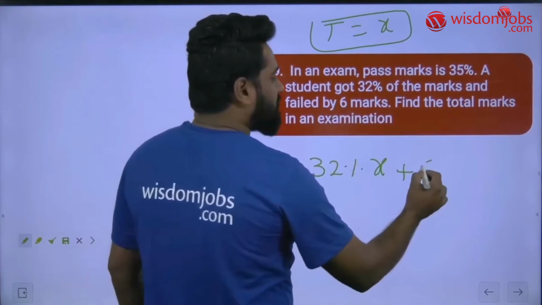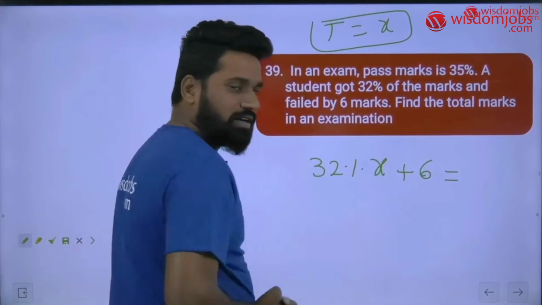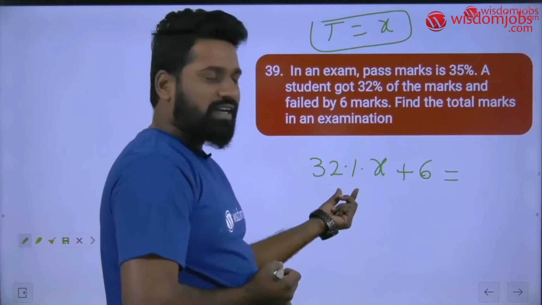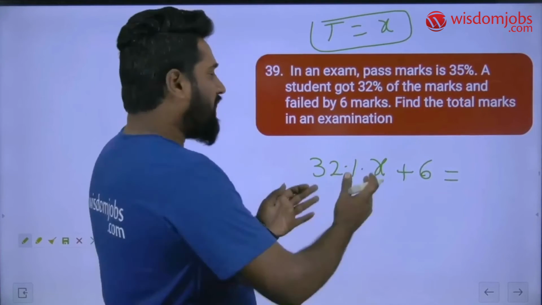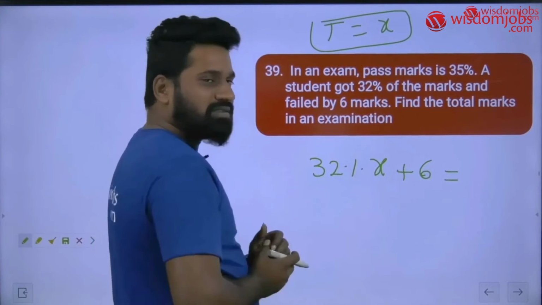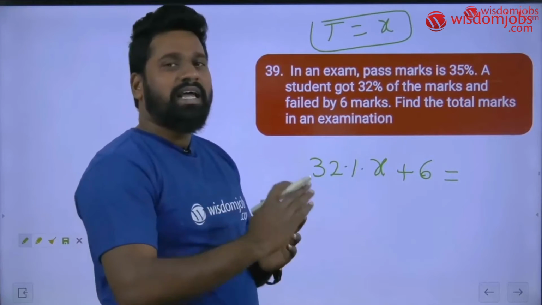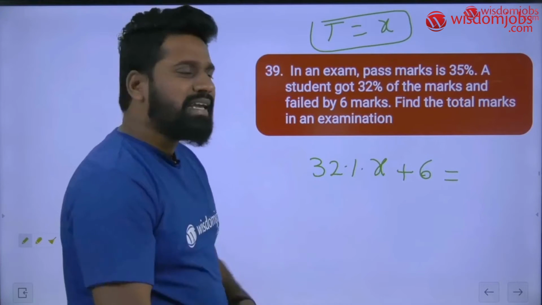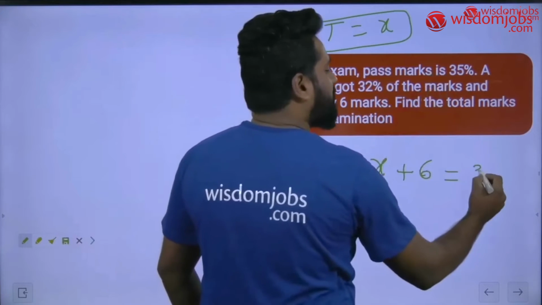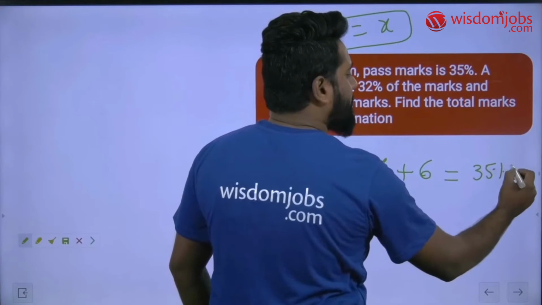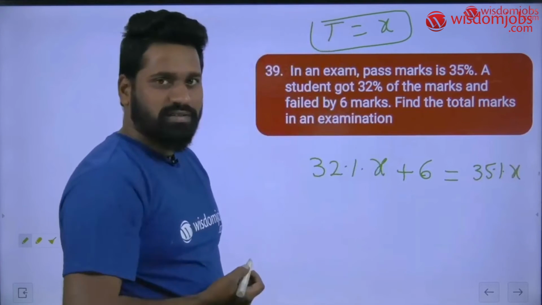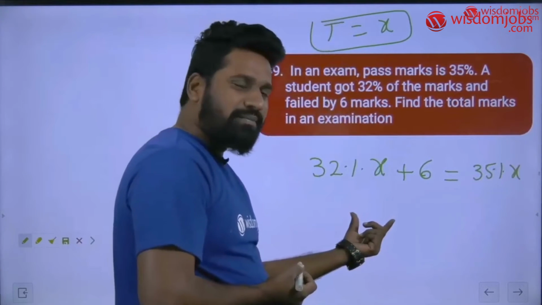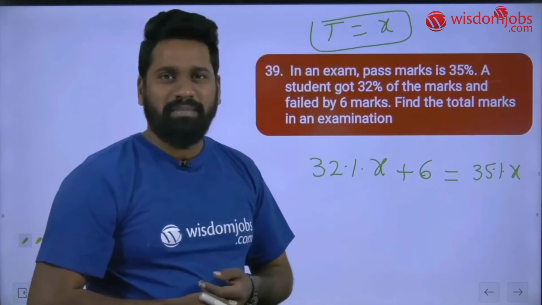Now I am adding the 6 marks, which is equal to 32% of X plus 6. If you add the 6 marks to the student's marks, then he will become pass. That pass percentage is already given, so that is 35% of X. This is the pass percentage. Is it clear? This indicates the same marks and this also indicates the same marks.